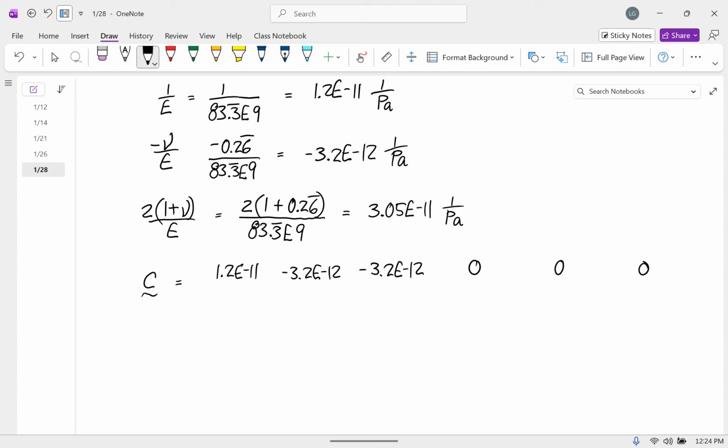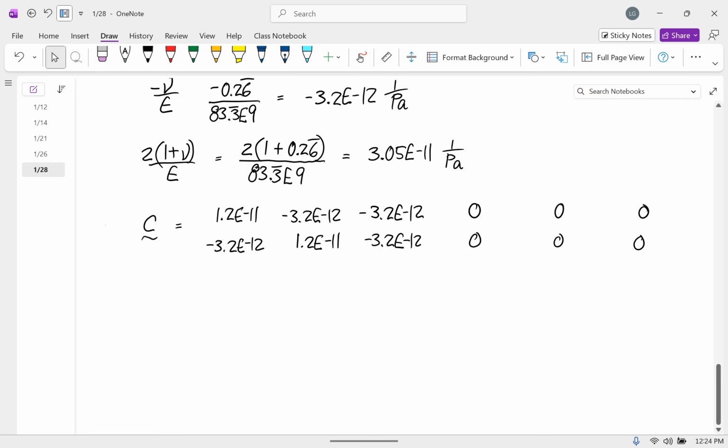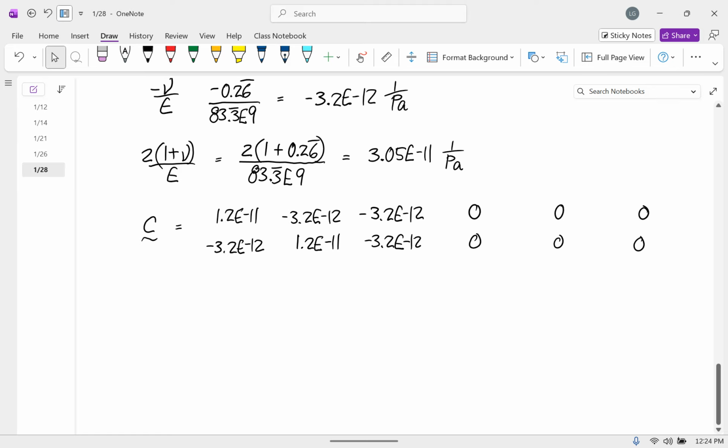Then the second row, negative 3.2 times 10 to the minus 12, 1.2 times 10 to the minus 11, negative 3.2 times 10 to the minus 12, 0, 0, 0. Then the third row, negative 3.2 times 10 to the minus 12, negative 3.2 times 10 to the minus 12, 1.2 times 10 to the minus 11, 0, 0, 0.